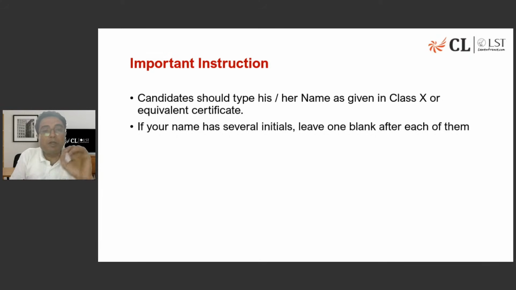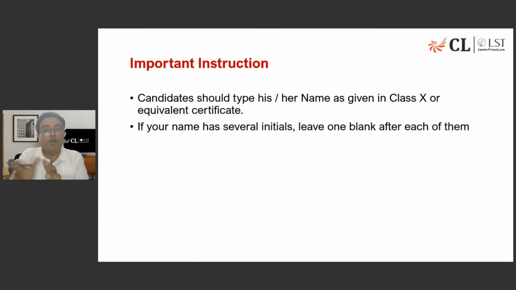Now, there is one particular instruction which has been given by National Law University Delhi in this regard. For those students whose name has several initials, they have to leave one blank space after each of them. So let's say my name is K.A. Kumar.